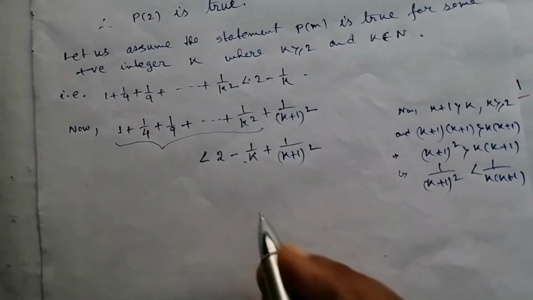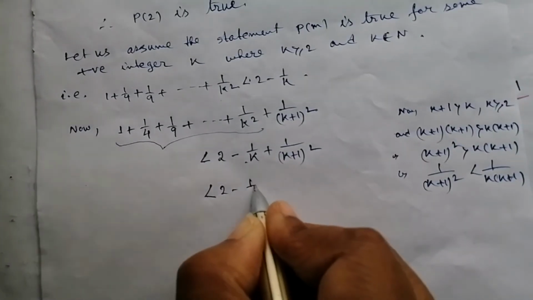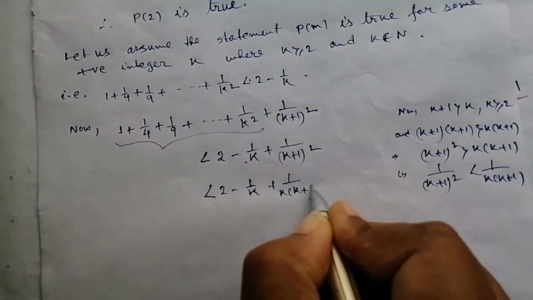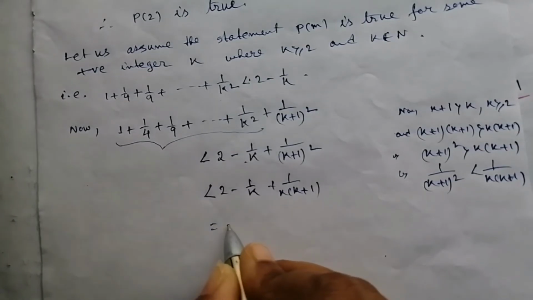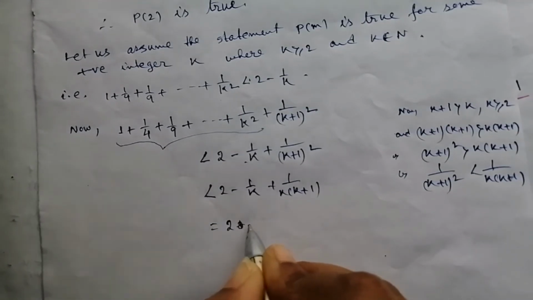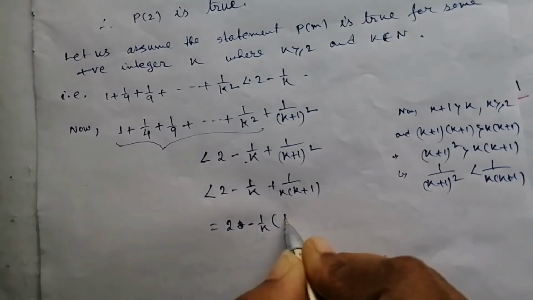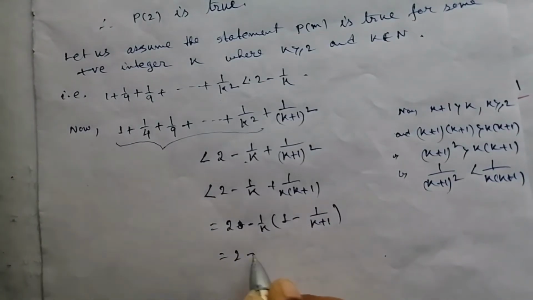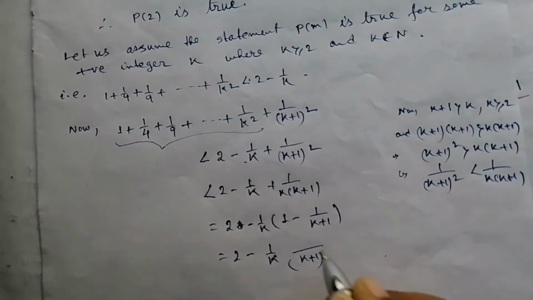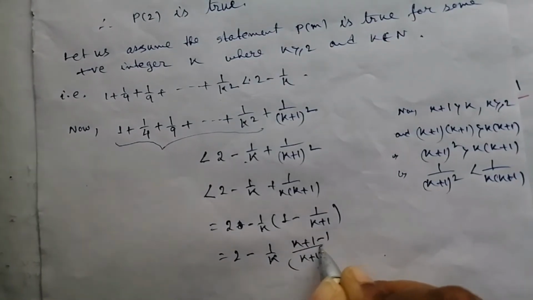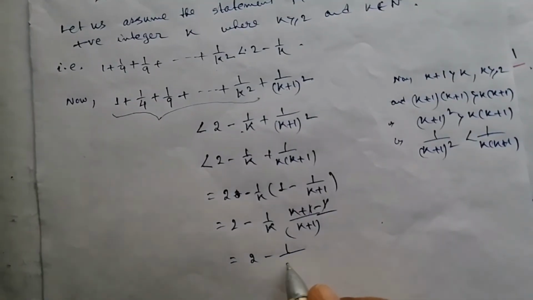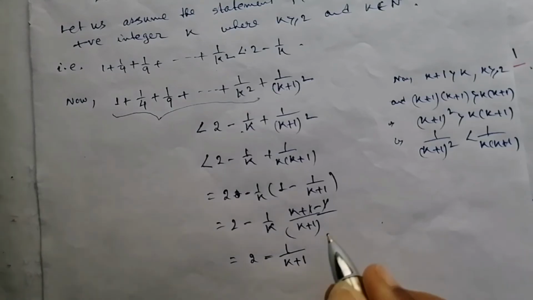Substitute this value here: less than 2 minus 1 by k plus 1 by k into (k plus 1), which is equal to 2 minus 1 by k times (1 minus 1 by (k plus 1)), equal to 2 minus 1 by k times k over (k plus 1), equal to 2 minus 1 by (k plus 1).